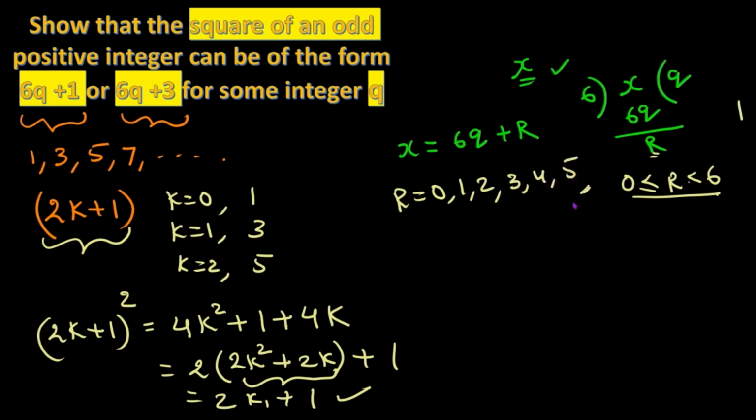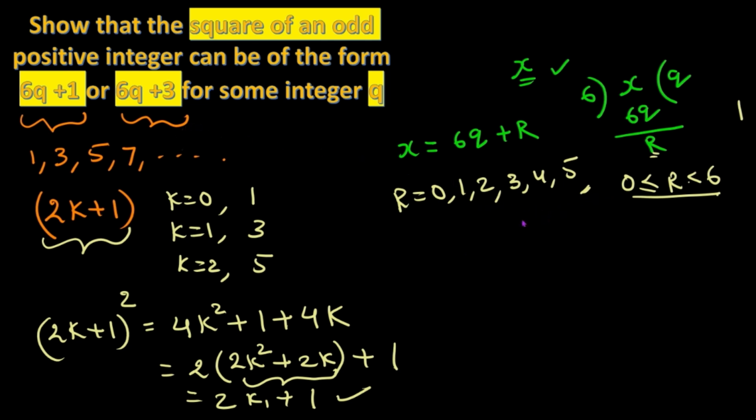It cannot be 6, okay? Why did I divide with 6 only? We need to prove it in the 6q plus 1 format, right? That's why I divided with 6. It's nothing new in that. Okay, now we have these remainders.